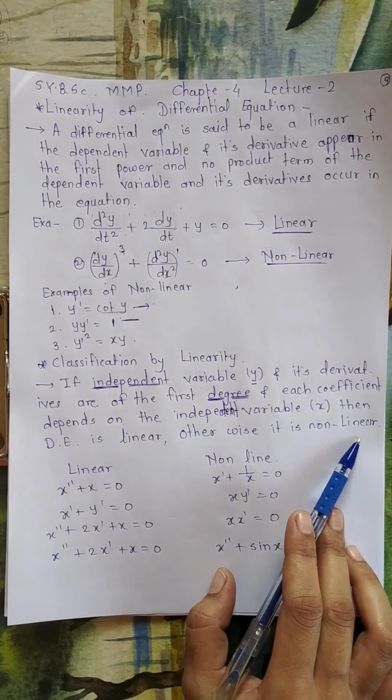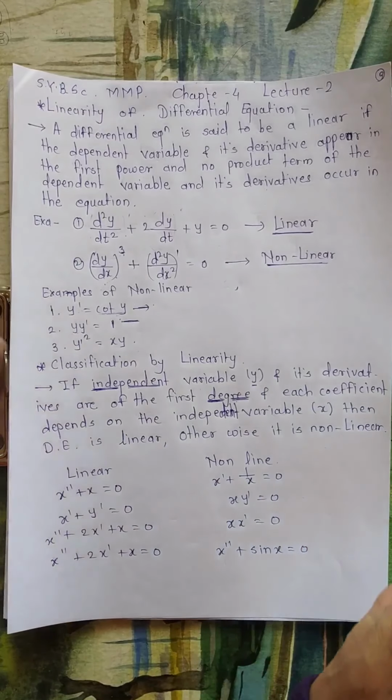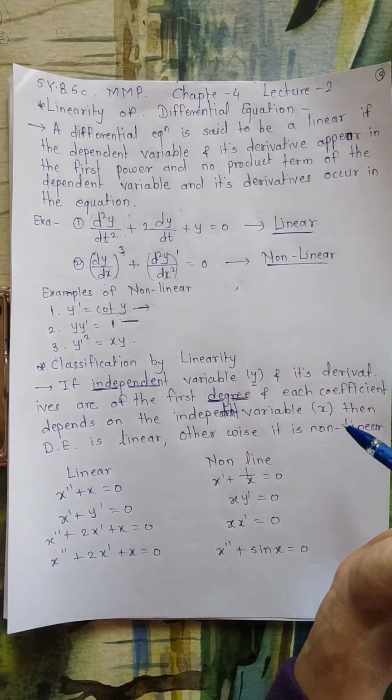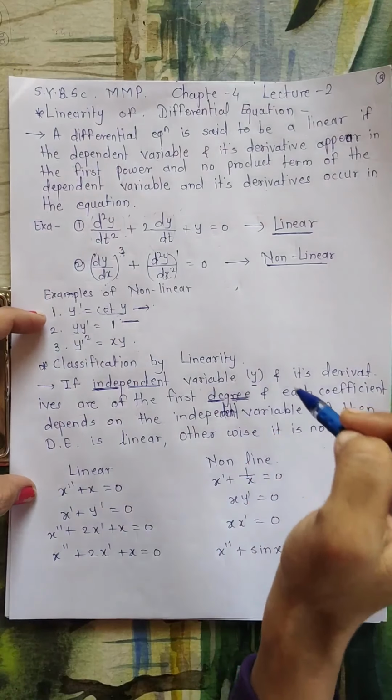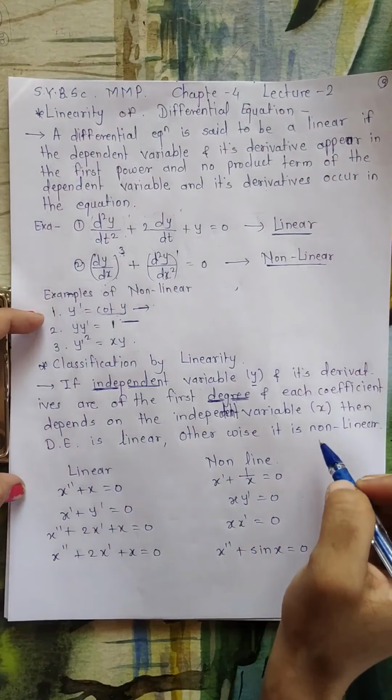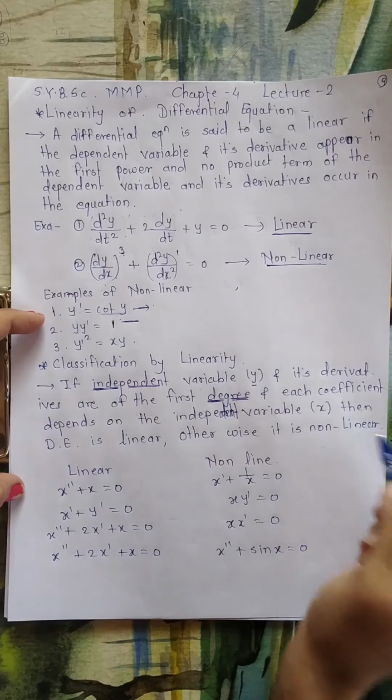Here both times they have used the independent variable. So if y and its derivatives are of first degree and each coefficient depends on that independent variable x, then that differential equation is linear, otherwise it is non-linear.